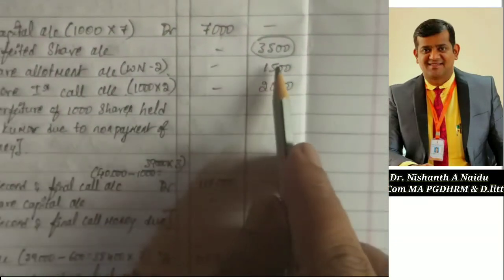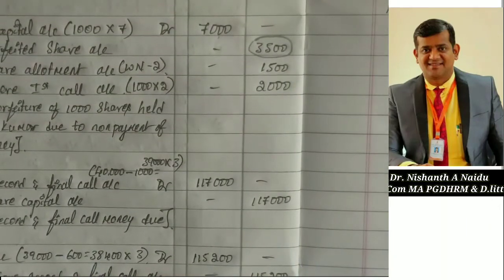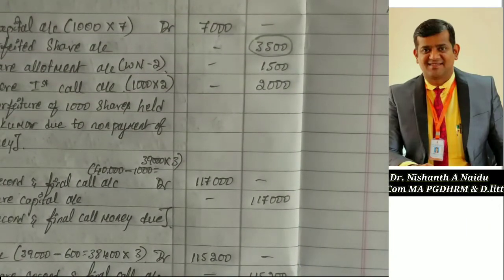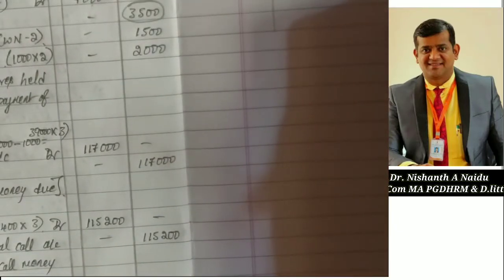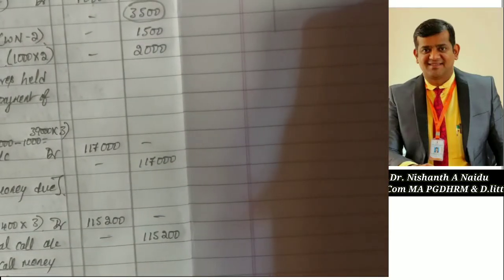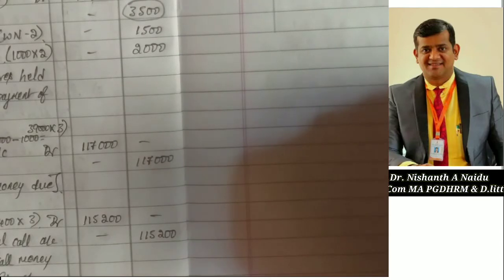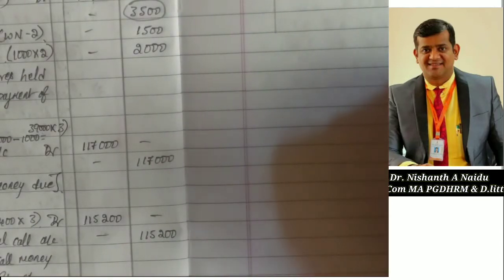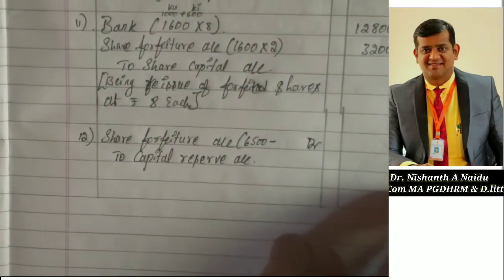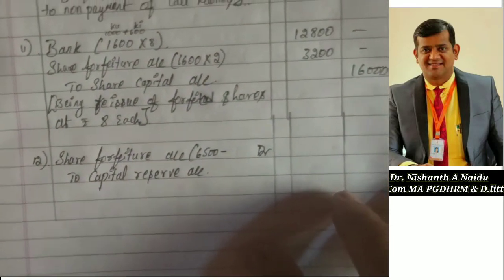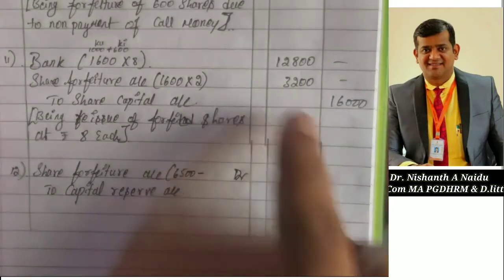So now 3,000 plus 3,500 is 6,500 rupees. So first you make a note: 6,500 minus the loss, which is adjusted towards forfeiture.